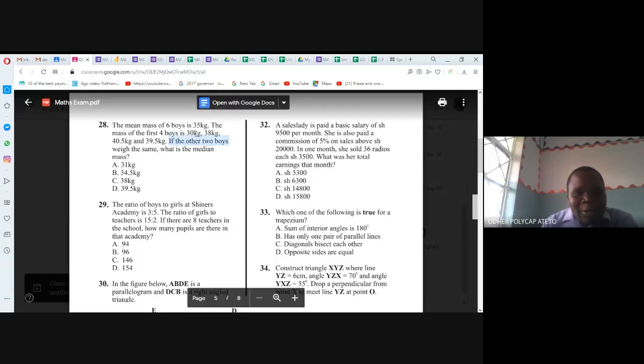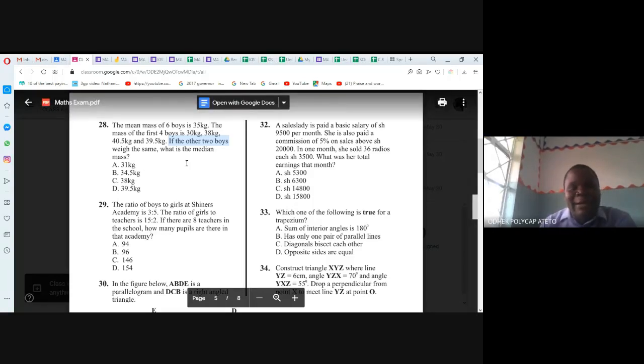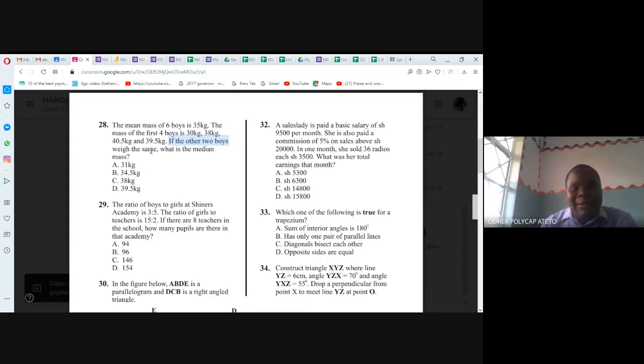Remember, this one was for 4 people, and then 210 was for 6 people. So if we subtract, we get 62 for 2 people, and those 2 people weigh the same. So therefore, we divide by 2 to get 31. So have we now understood where we are getting 31?